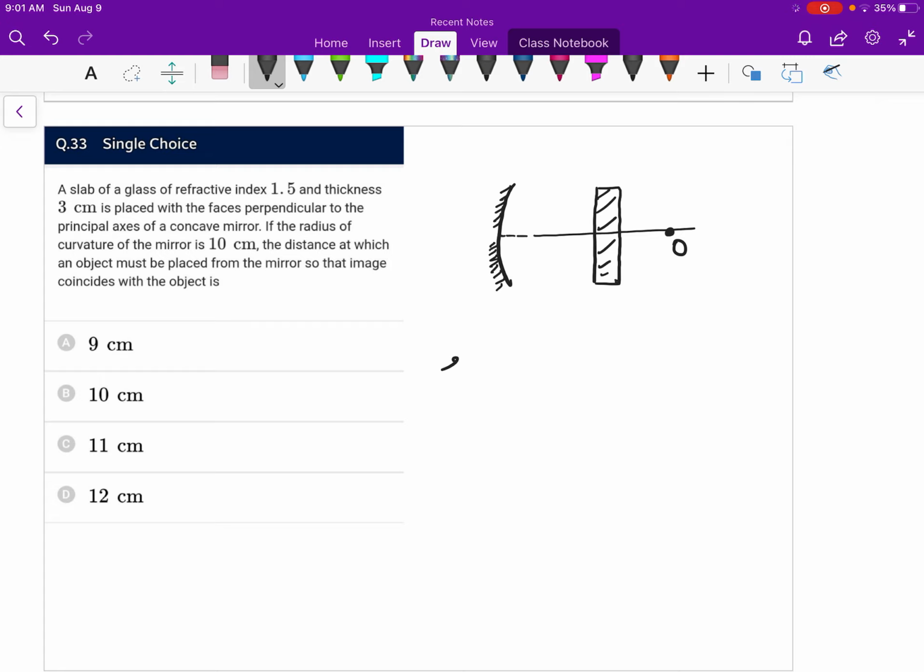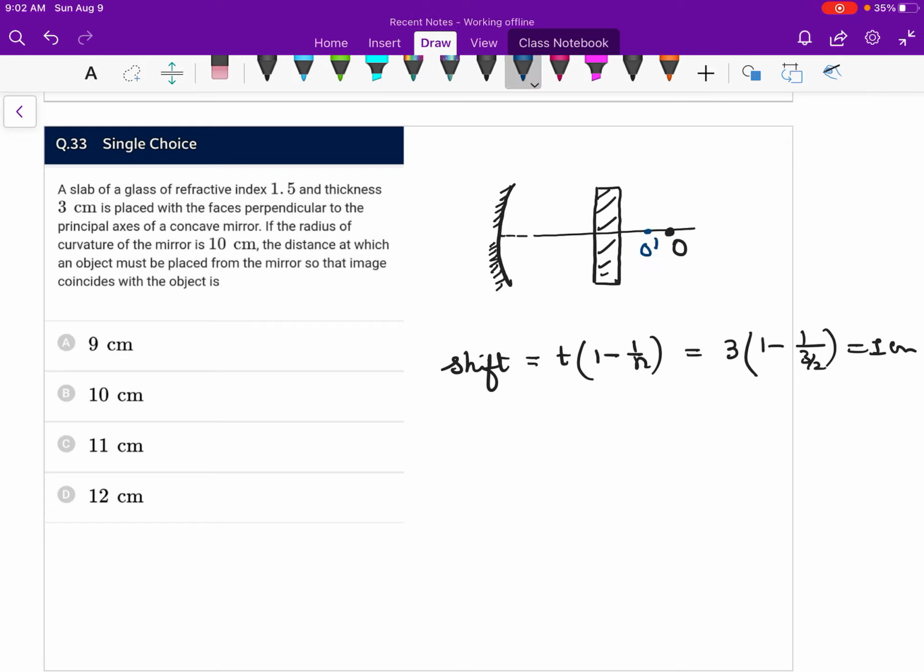Okay, so now we know that the shift due to the slab when rays come from the object is t(1 minus 1 upon n). So that is 3 centimeter times (1 minus 1 upon 3 by 2), that is 1 centimeter. So on the mirror, rays come from O dash, which is shifted from O by 1 centimeter towards the mirror.